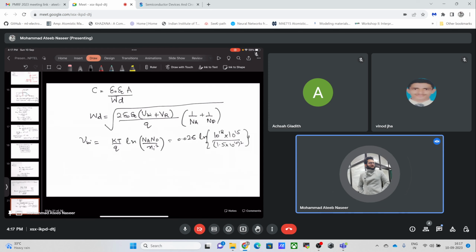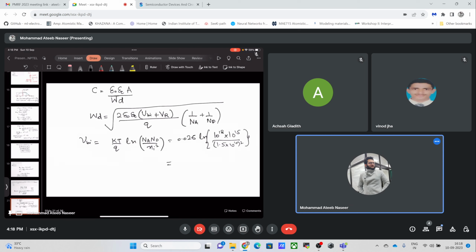So the numerator is 10 to the power of 33, and this has to be divided by 10 to the power of 20 times 2.25. 10 divided by 2.25 is 4.44.